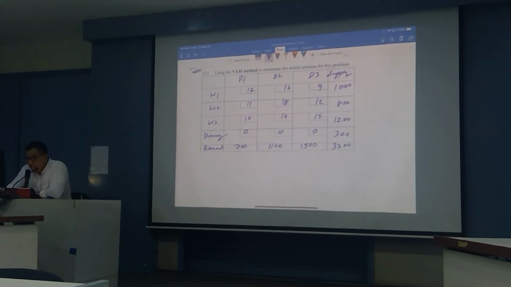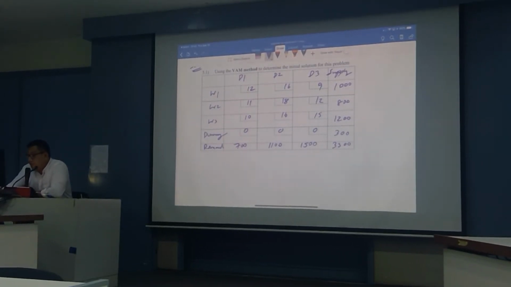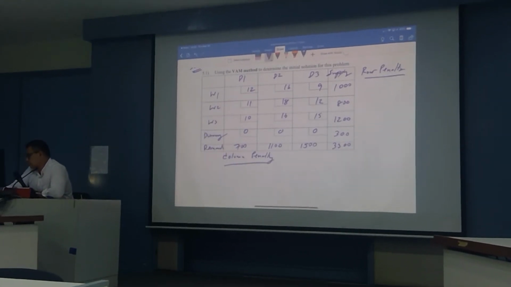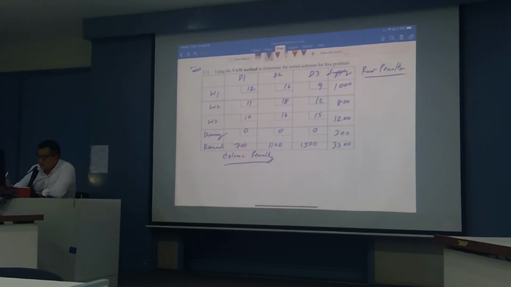So now we're going to use the Vogel's approximation, or WAM, method. We need to find the row penalty and column penalty.